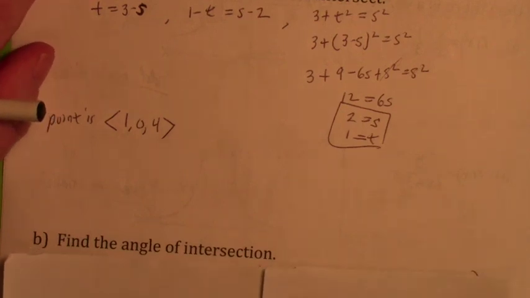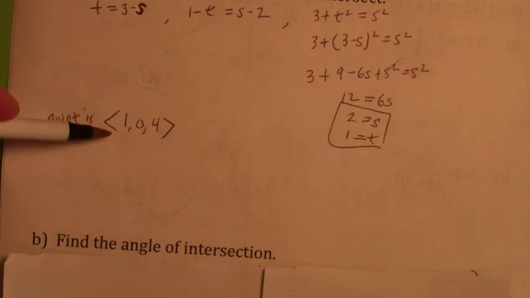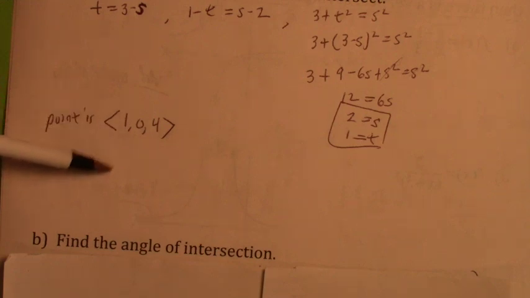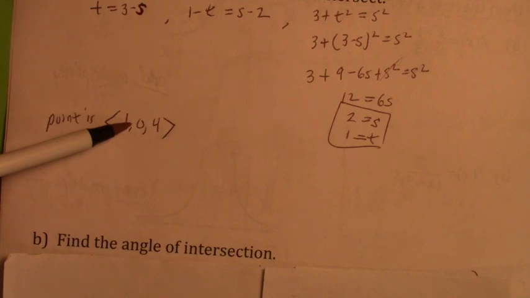Now, another interesting question would be, what is the angle of intersection? What that means is you want to find the vector functions for the tangent lines, right? You look at where the tangent lines are at that point, each of them. Actually, all you need are the direction vectors for the tangent lines. You really don't need the actual tangent line.